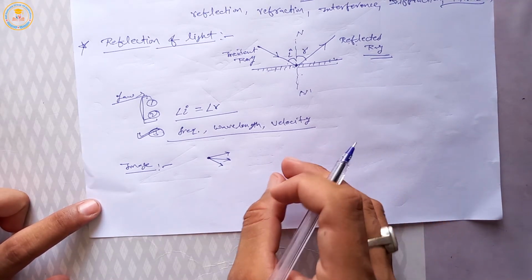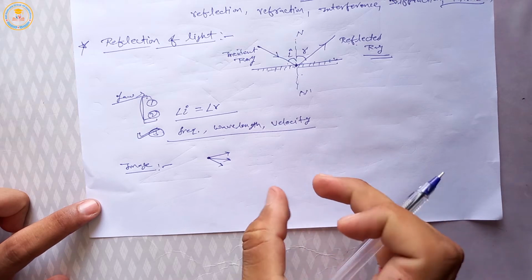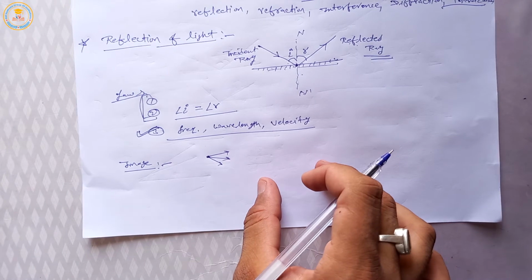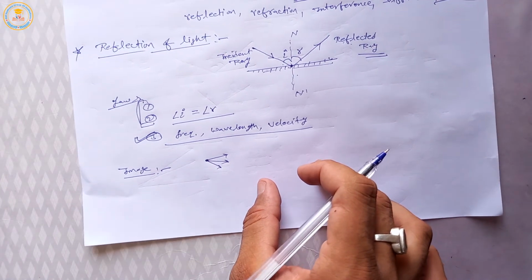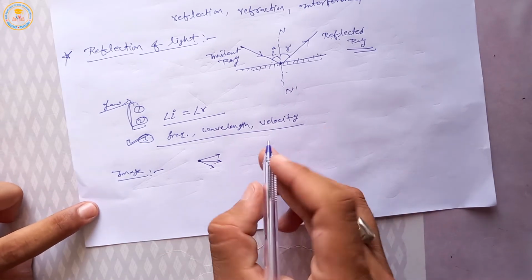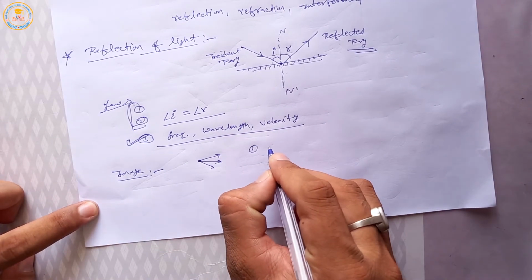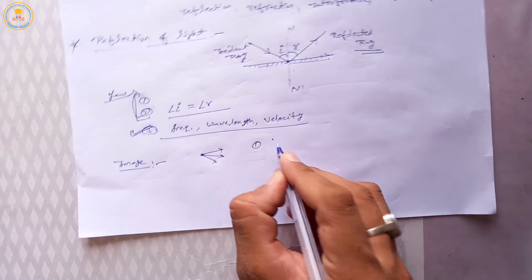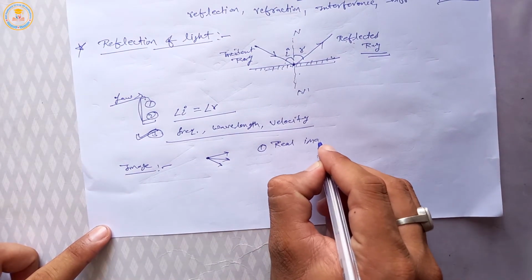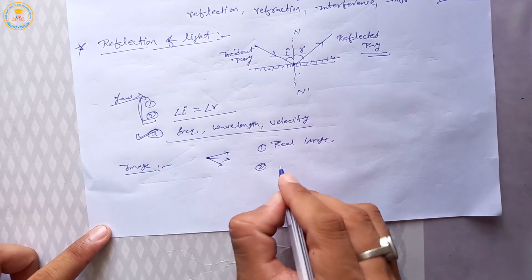At this point the object can be seen, and this is known as an image. This is of two types. First is real image and second is virtual image.